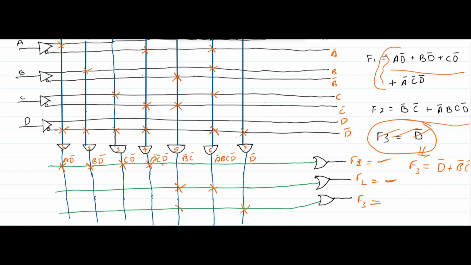So here is b bar c bar, I can use b bar c bar from here and d bar from here to get f3 as d bar plus b bar c bar. So don't think we put a cross once only, a cross can be used multiple times. Okay, so this is all about Boolean expression implementation using PLA. If you have any doubt, feel free to ask me. Thank you.